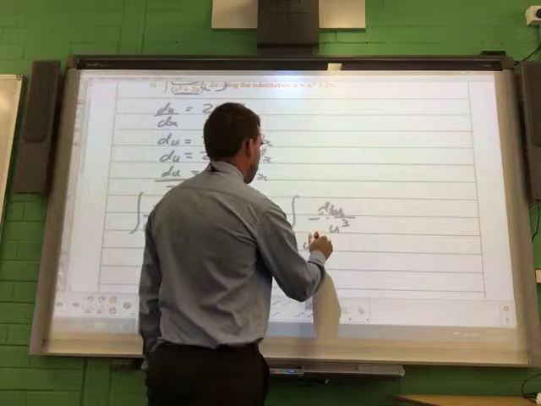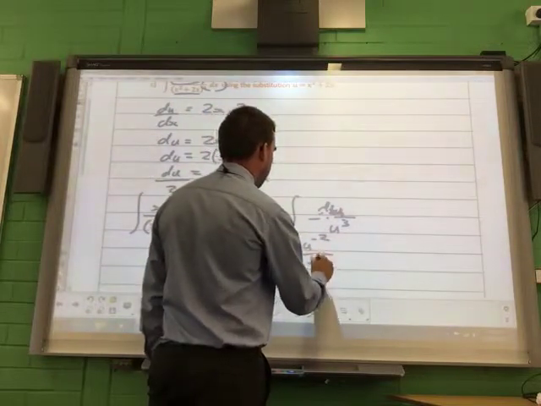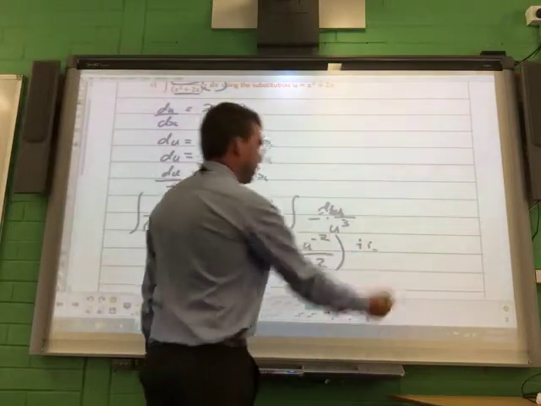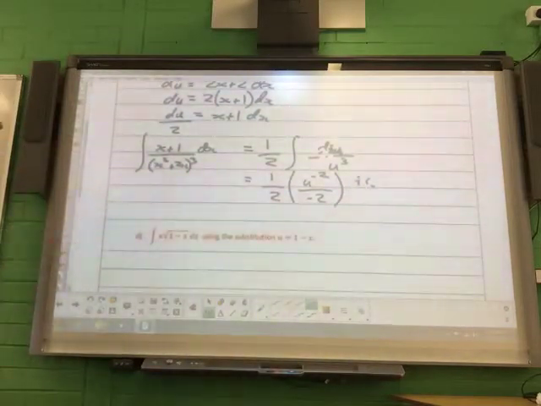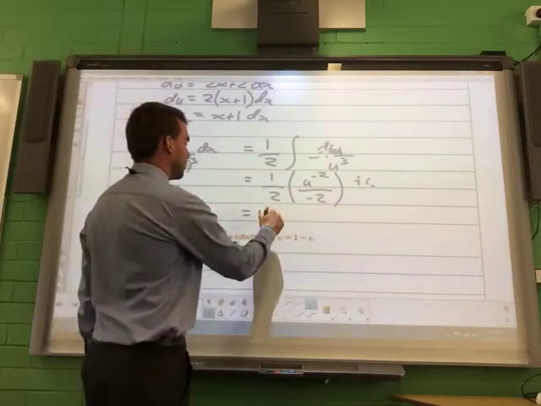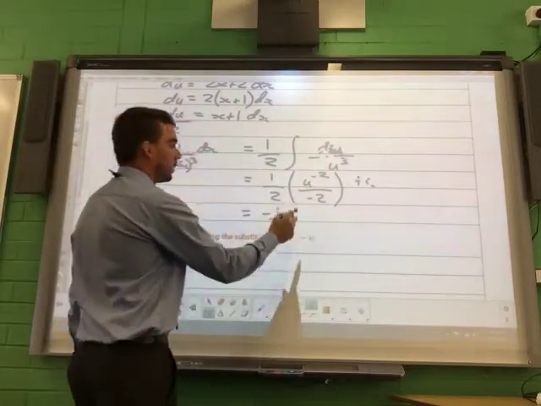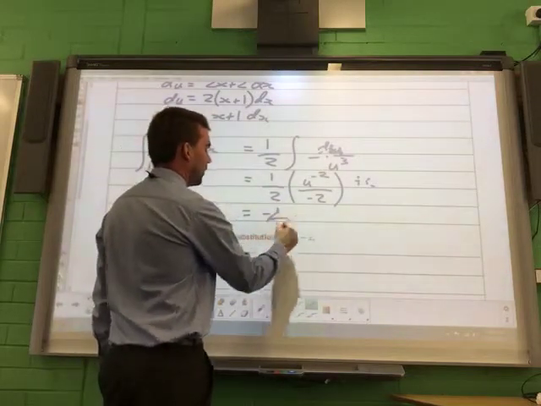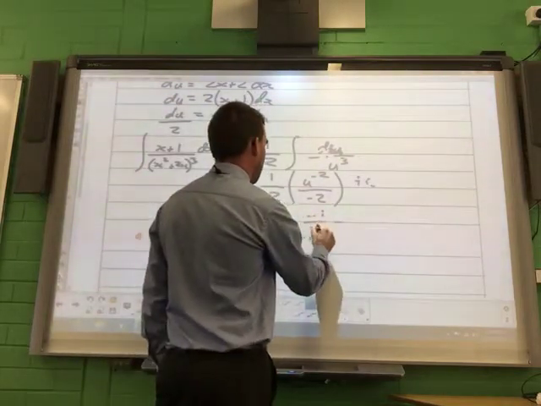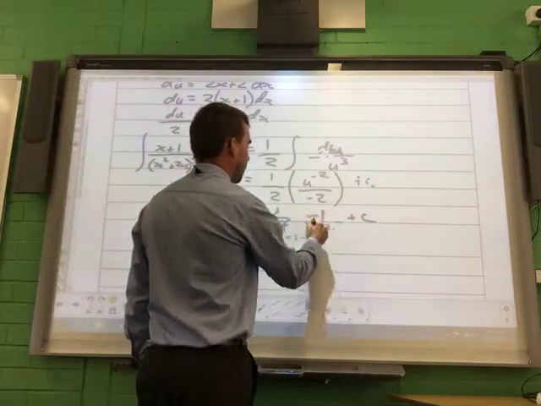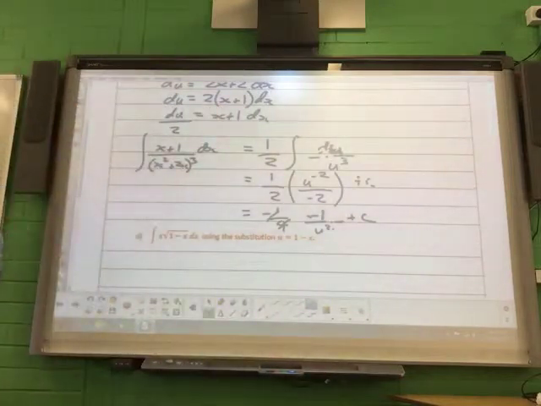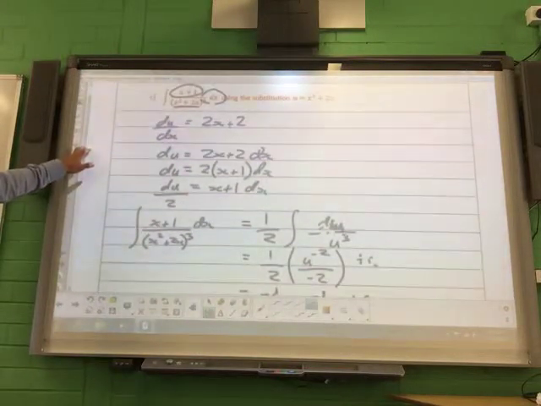Okay. Add 1, divide by the new power. And negative a quarter, sorry, negative 1 over u squared plus c. And then the last thing you need to do is replace u with x squared plus 2x.